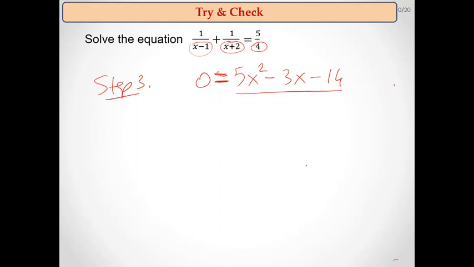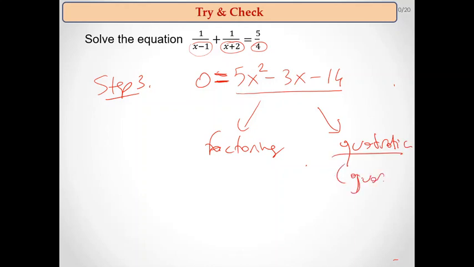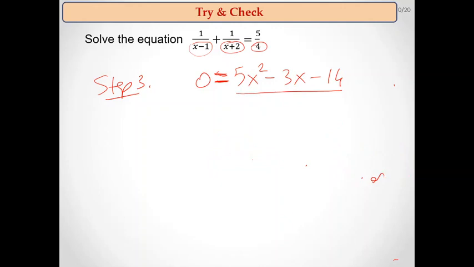We can solve it in two ways: factoring or the quadratic formula. The quadratic formula guarantees the solutions. Factoring would need us to spend some time, and I don't want to deal with this factorization issue, so I will solve this one with the quadratic formula.